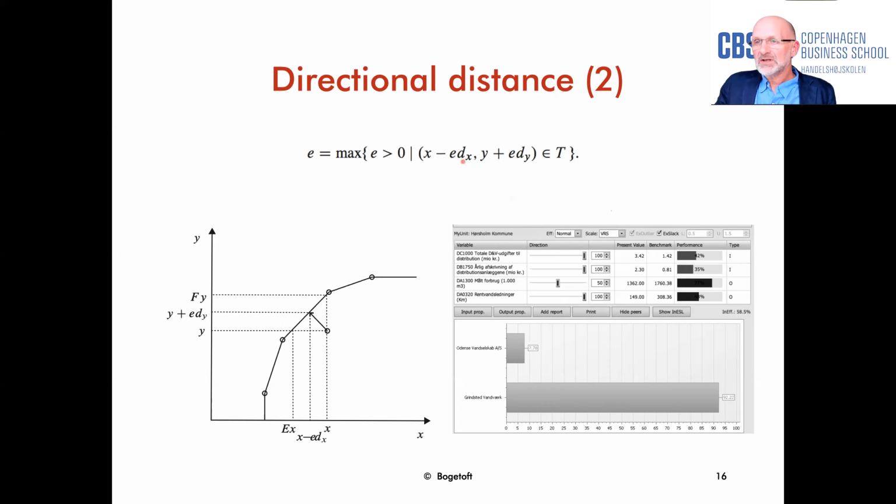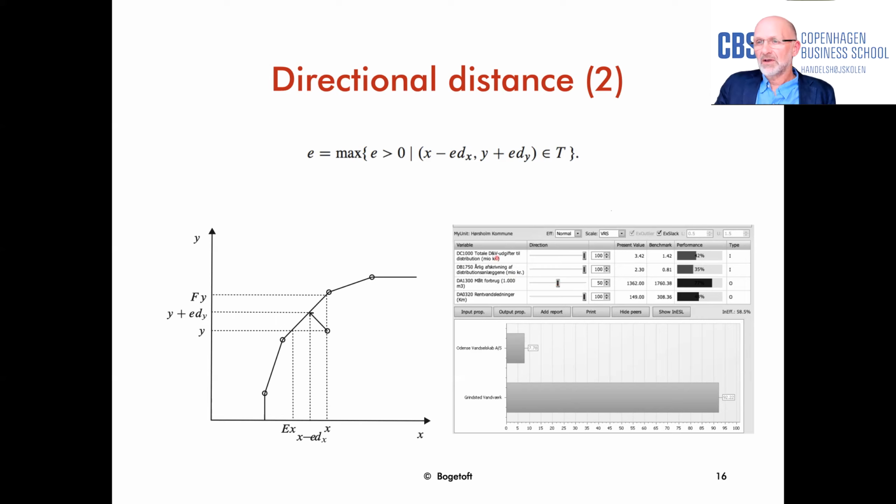And the way that we define those directions is by moving these bars around. If I move this up, it means that I would really like to go in this direction, and I would also like to go in this direction. So here, basically, I want to move in all input and output directions, except for this one. I'm slightly less interested in expanding this output.